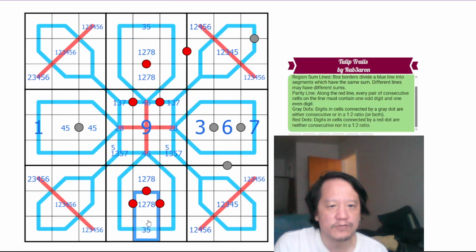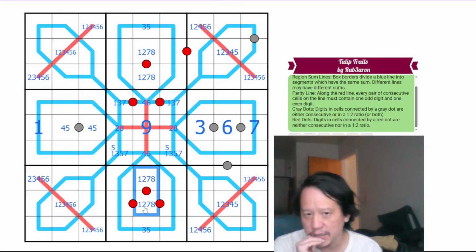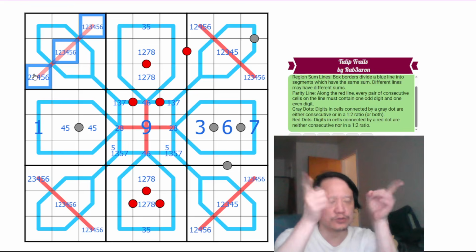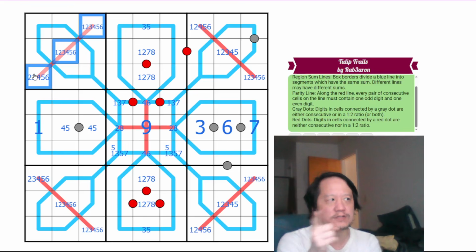2, 7 obviously are not consecutive and are not in a 1 to 2 ratio. Neither is 1, 8. So can we have odd, even, odd? The answer here is no. To add up to 9, you have to have 2 odds and 2 evens and an odd.